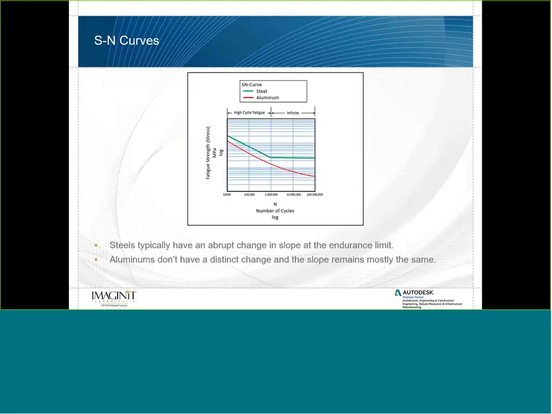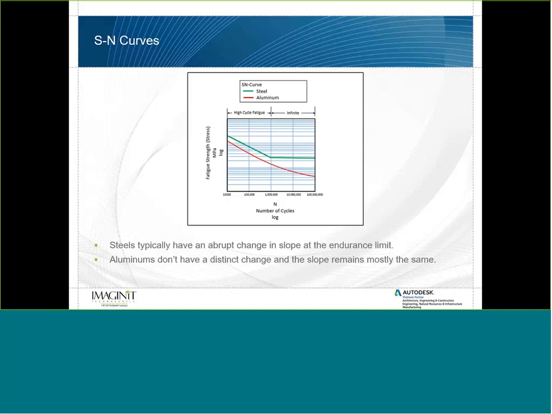Another thing to note is if you're looking for your material data, you may see a difference in the SN curves and how they look based on the material that you're looking at. So typically steels will actually see sort of a flat region once it reaches its endurance limit. And this represents a stress value that if your part is loaded and has a maximum stress value below that line, your part should have infinite life.